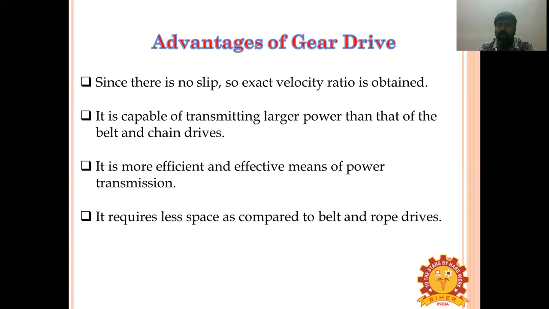There are different types of gears we can see in the next slides, and it requires very little space. If we use a belt drive, it takes very large space, but gears need very little space when compared to other drives like belts, ropes, chains, etc.